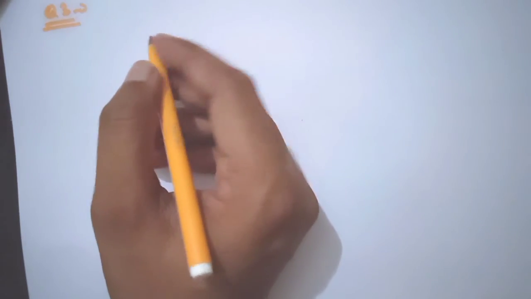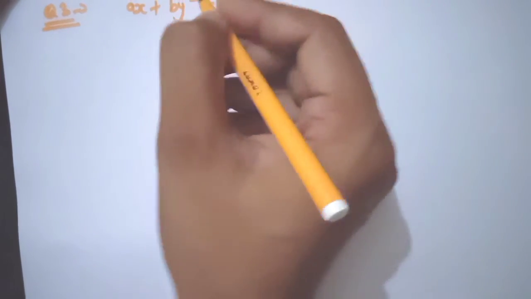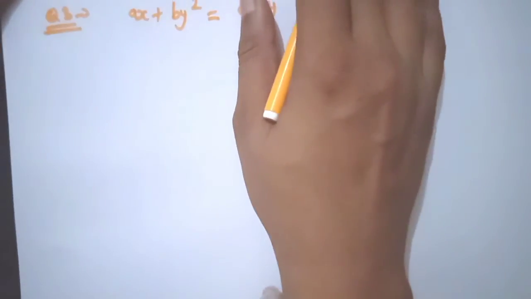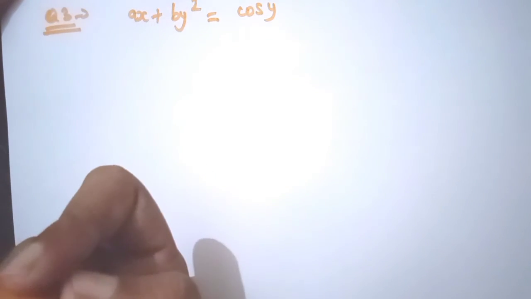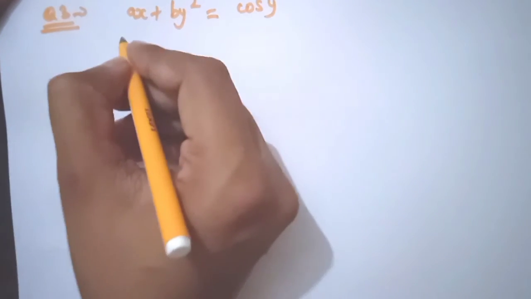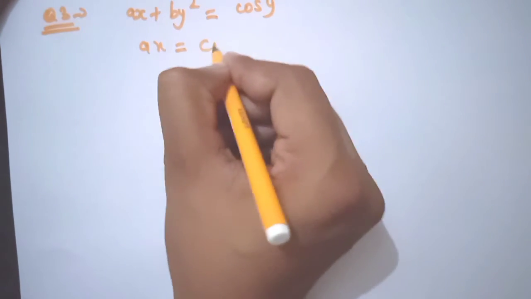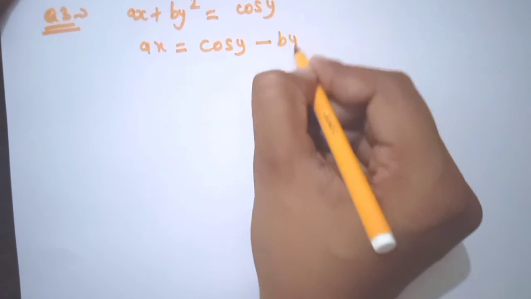Question number 3. It is given that ax plus by square is equal to cos y. It will be ax is equal to cos y minus by square.